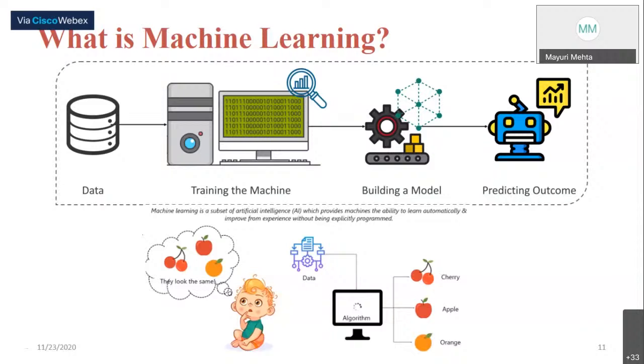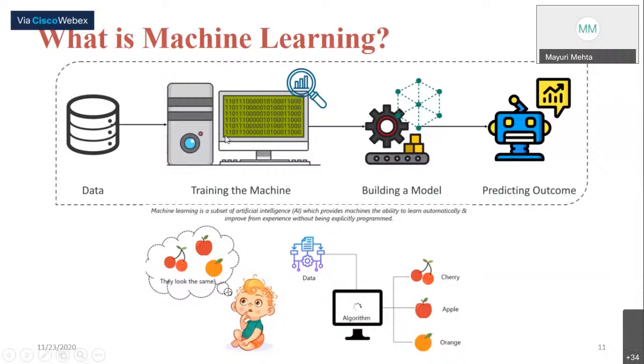Okay, so what exactly is machine learning, and how does it work? As you can see in this figure, the machine learning process begins by feeding data to the machine. Lots of data is fed to the machine. Then the machine uses this data and gets trained to detect hidden insights and trends.